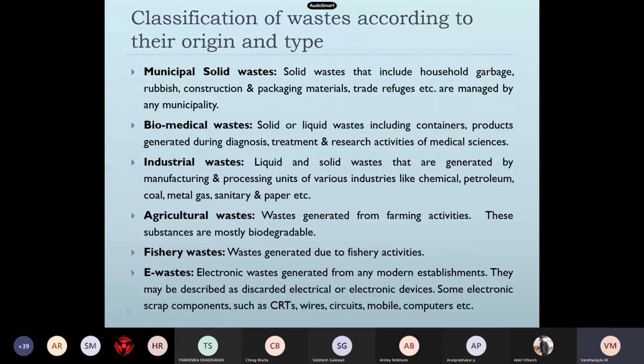What happened in the past few years? One particular state wants to dump the waste on the other state's land, and one particular country that doesn't have the means for reprocessing those biomedical or other wastages is sending them to some other countries.